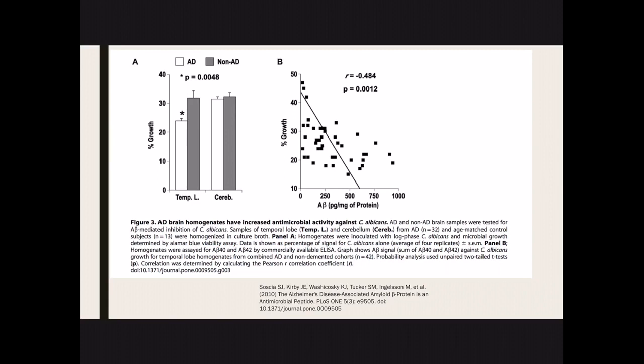Now, Candida albicans is nothing but yeast, a yeast infection, and you can see here on the right side of the panel that there is a correlation between the amount of amyloid beta protein present in the Alzheimer's brain and the inhibition of the Candida albicans replication rate. So this would suggest that in some way, perhaps, amyloid beta protein has an effect on inhibiting organisms from replicating and doing their thing as they're used to do, just by its presence.